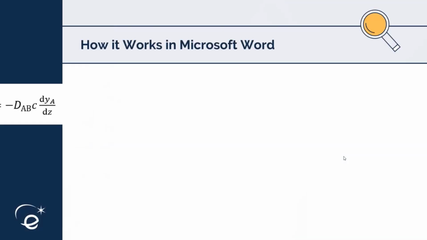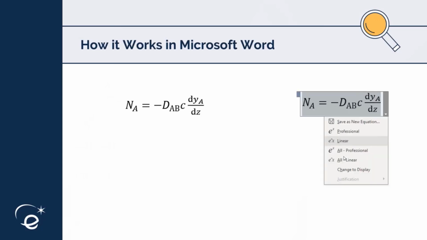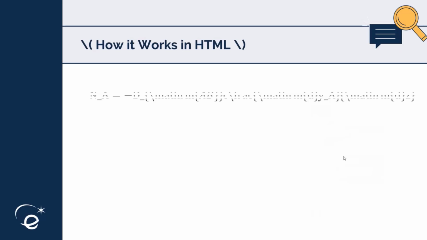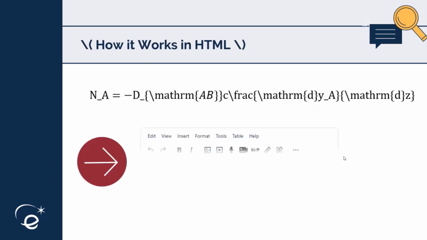Let's say for Microsoft Word, a professor might produce an equation and they can convert it, and it changes from professional to linear. And the linear code, as you can see, is the same sort of code jargon that was described in the previous slide. We take that jargon and we can put it into an HTML document.